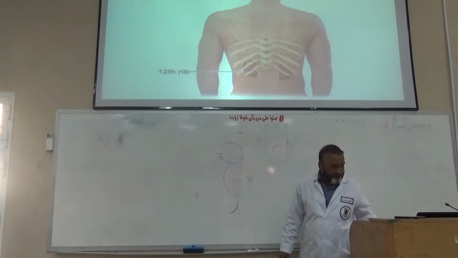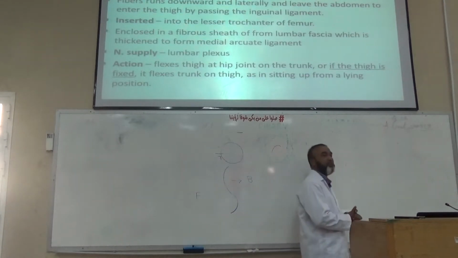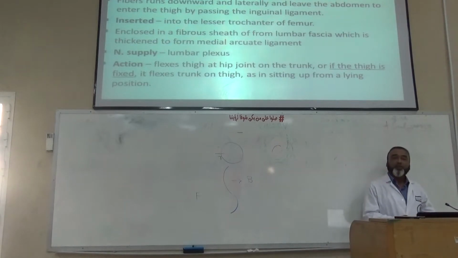Then we have the muscles which form the posterior abdominal wall. First of all is the psoas major muscle.